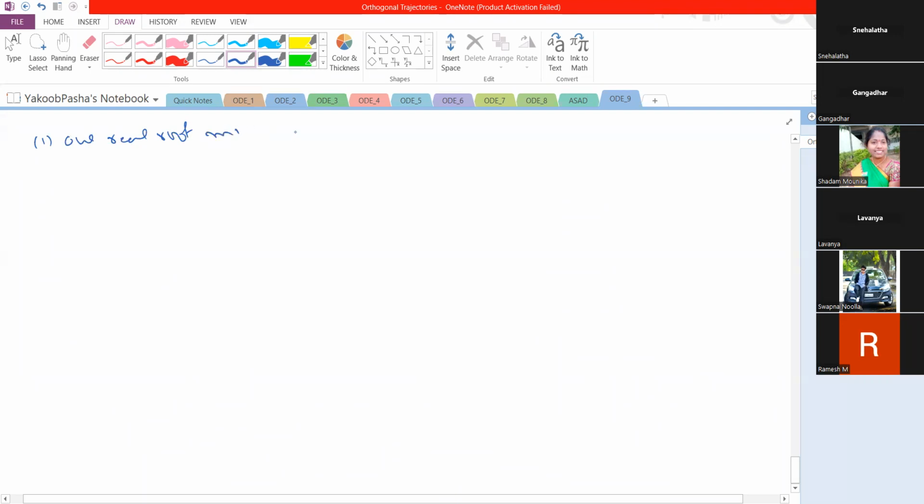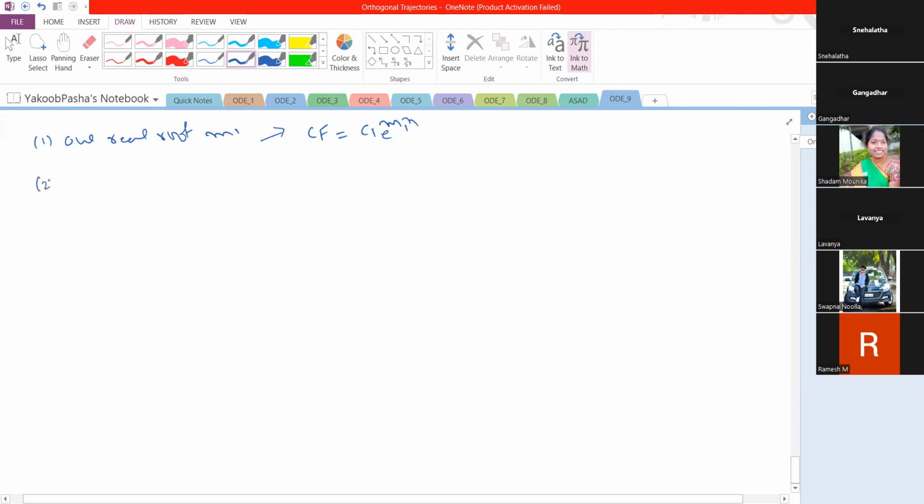Then the corresponding complementary function CF is equal to C1 e to the power of m1x for one real root m1.